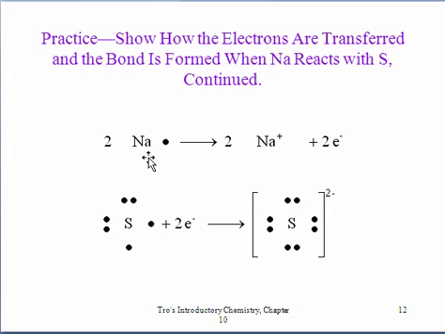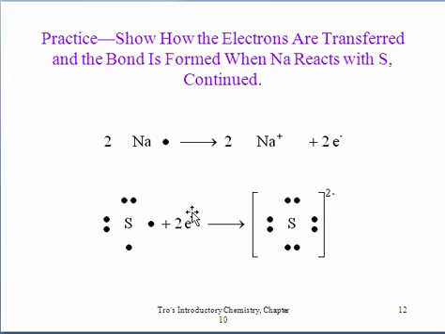Now, sodium wants to lose an electron, and sulfur wants to gain. Sulfur has 2 spots. It needs 2 electrons to get the octet that is stable. And sodium can lose 1 electron at a time. So we need 2 sodium atoms, and 2 sodium atoms will give us 2 electrons.